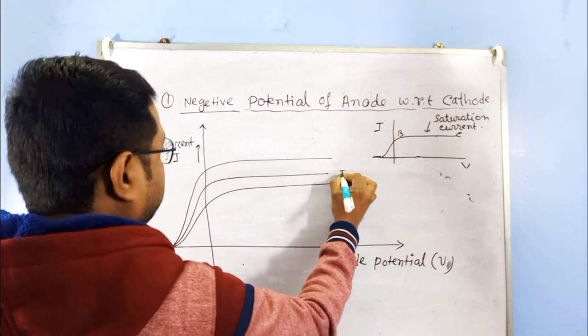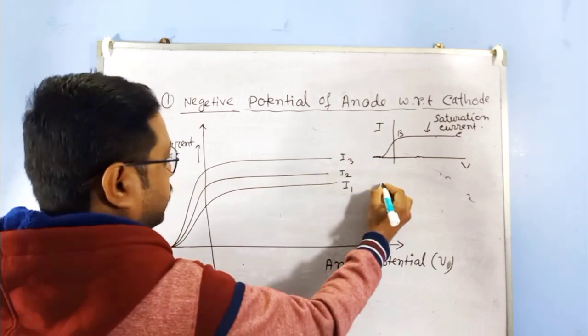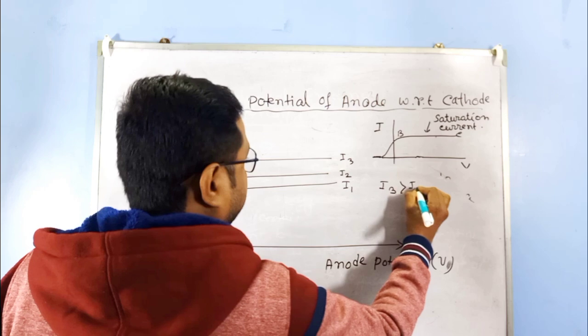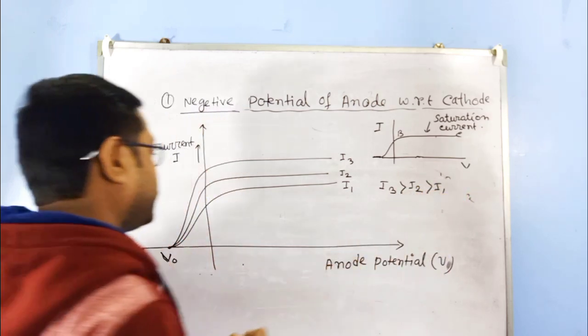These are I1, I2 and I3. I3 must be greater than I2, and I2 must be greater than I1.